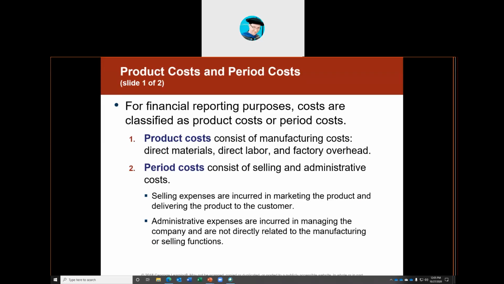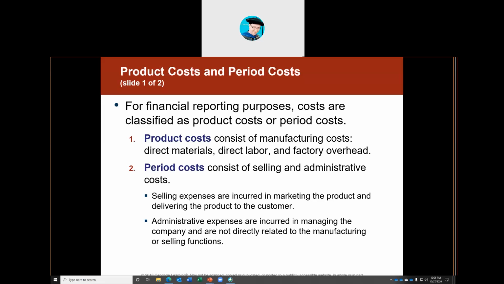Then we also have period costs. Period cost is the selling and administrative expenses that are incurred through marketing of the product and delivering the product to the customer. It would also be the administrative expenses for the management of the company that are not directly related to the manufacturing or selling functions.